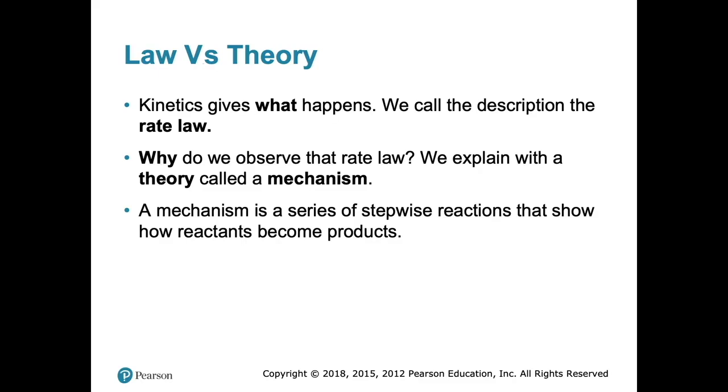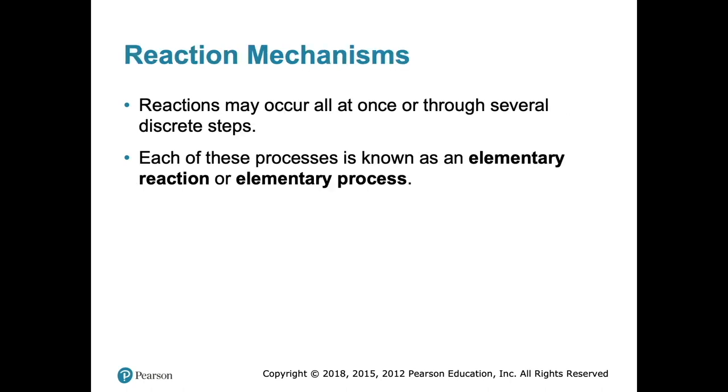We won't be doing any of that here, but just be prepared for that kind of thing. Reactions may occur all at once or through several discrete steps, and each of these processes is known as an elementary reaction or elementary process.